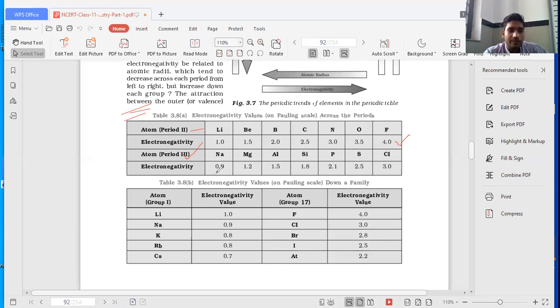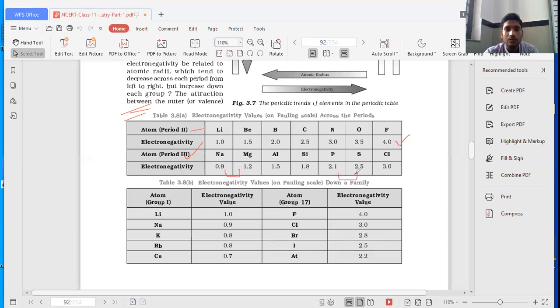For electronegativity of third period, you can see sodium 0.9, magnesium 1.2, aluminium 1.5, silicon 1.8, phosphorus 2.1, sulfur 2.5, and chlorine 3. Okay, initially the difference is 0.3, but later this difference increases.